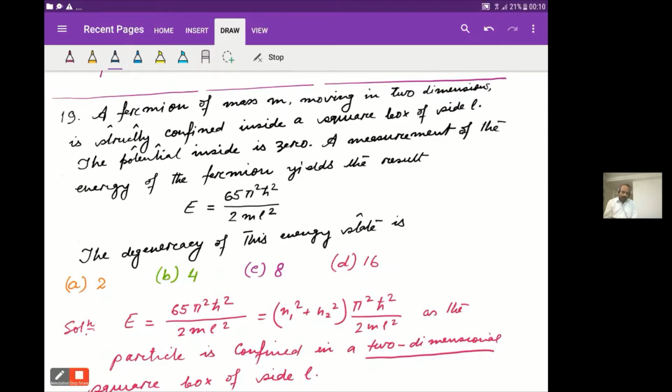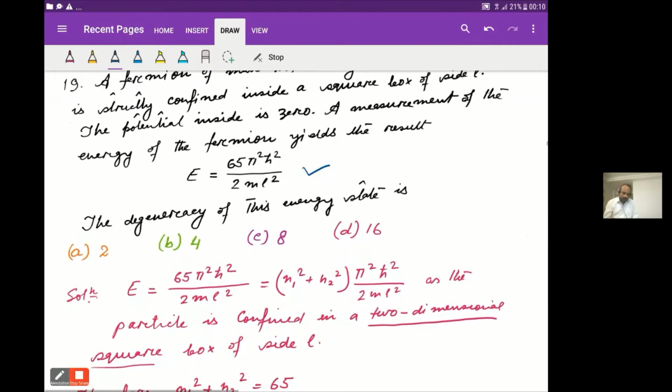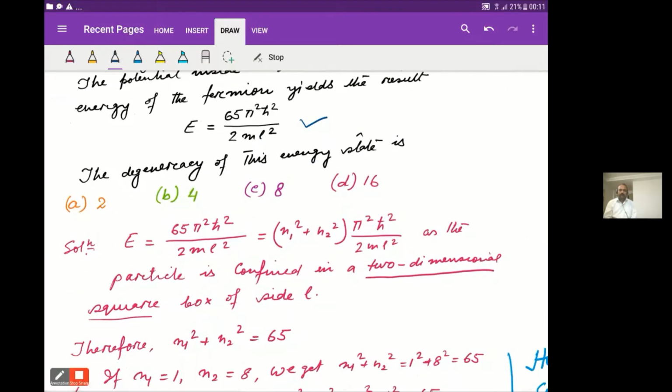A measurement of the energy of the fermion yields the result E is equal to 65 pi square h cross square by twice m L square. The degeneracy of this energy state is option A 2, option B 4, option C 8, and option D 16.